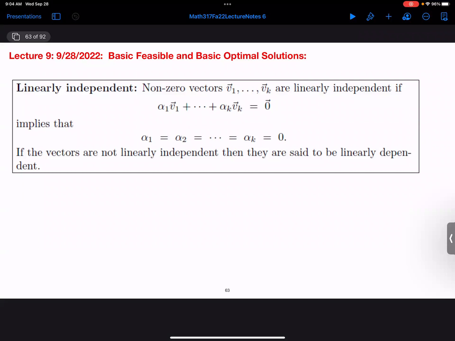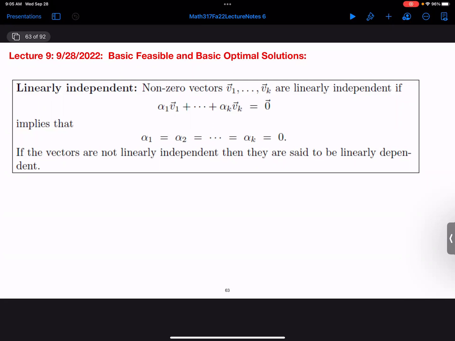Well, we'll call the vectors linearly dependent. So how many alphas have to be non-zero? Is it possible that there's just one alpha that's not 0? I could have 3 of them that are non-zero. But we know that there has to be at least 2 alphas that are non-zero.